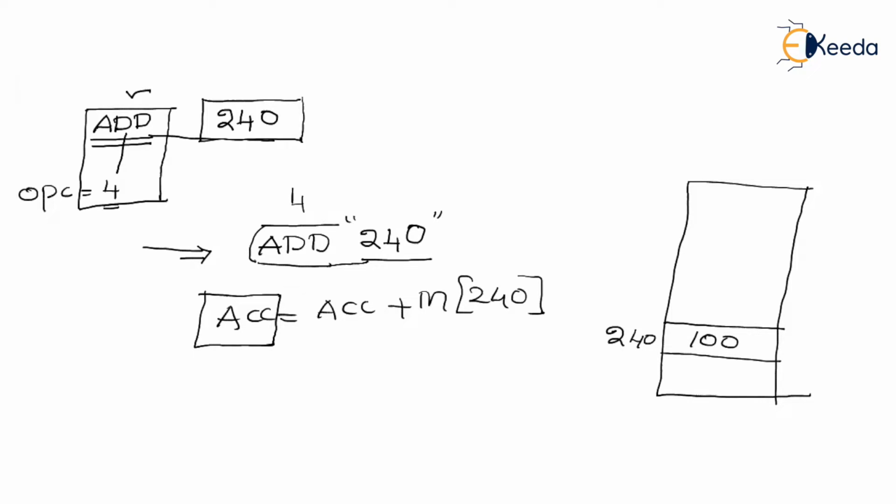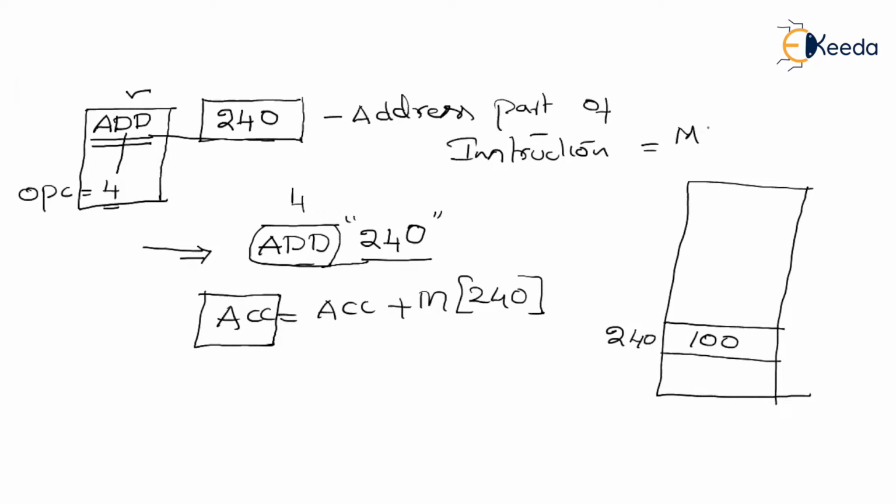The second field is the address part of the operand, which specifies a memory address in which the operand is available. Here in our case it is 240, so going to 240, you will get the actual operand. So finally, accumulator will be equal to accumulator plus the operand at 240. This is how an instruction is actually designed.